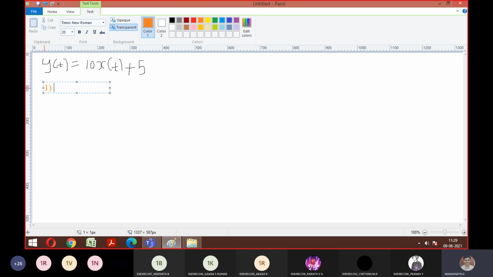So what is the static or dynamic definition? If the output depends upon the present input only, it is called static. If it is depending on either previous or past, you can exclude static and mention it is dynamic. Now look at the question and tell me, does it belong to static or dynamic?